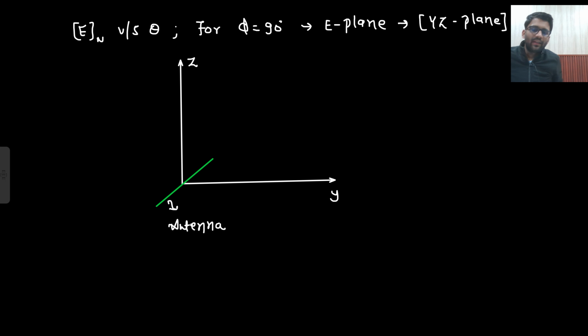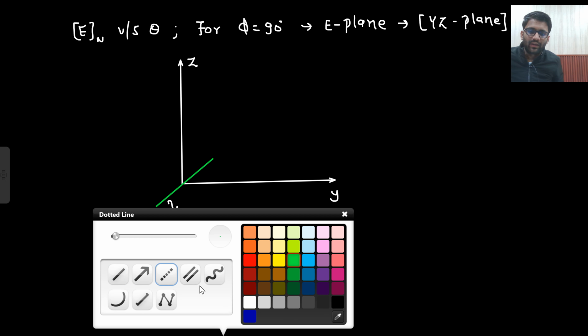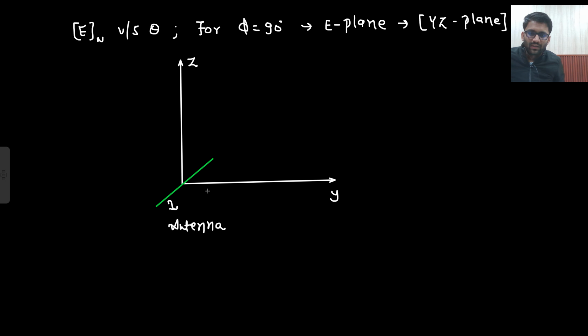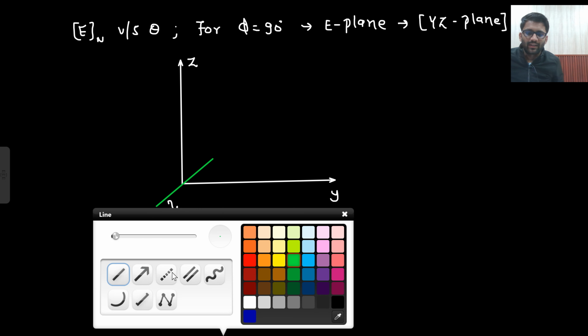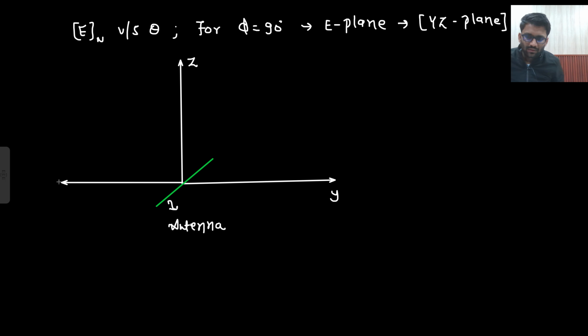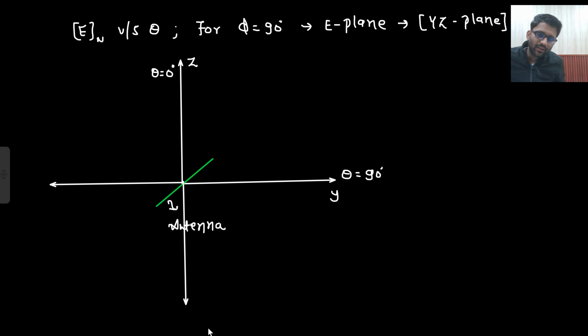And here I need to take different angles, from 0 to 180 degree, and then I need to draw the graph of cos. So this is my theta equals 0 degree. This is my theta equals 90 degree, and this is my theta equals 180 degree, right?